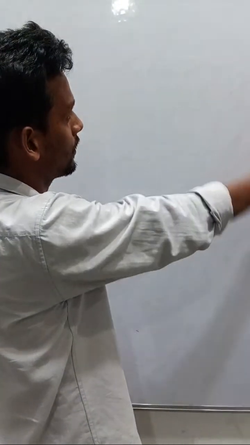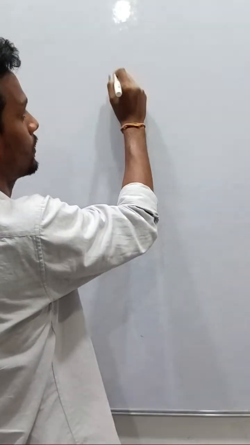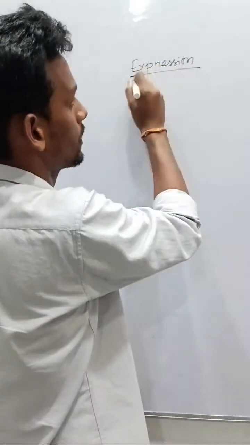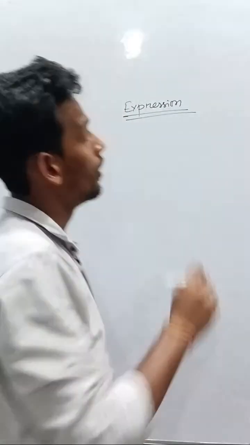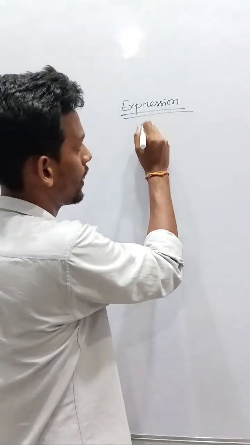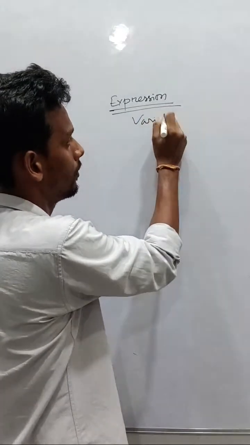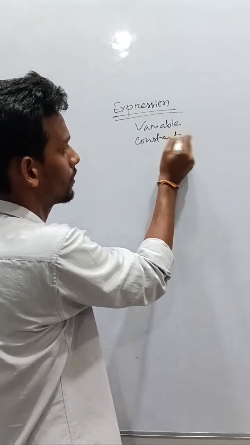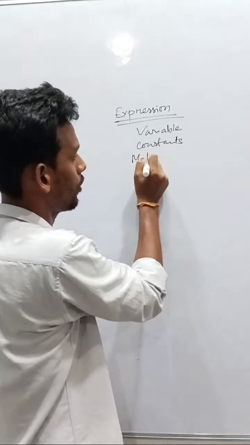So first we see what is polynomial, what is expression. Expression means you should know the variable, constants and mathematical operations.